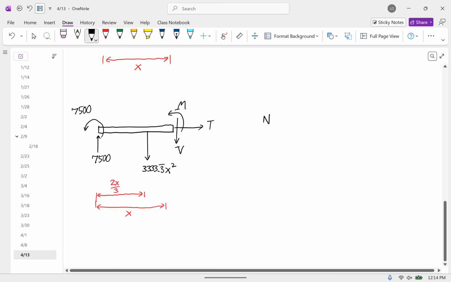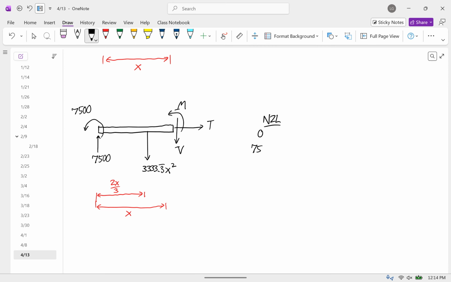So Newton's second law says 0, 7,500 plus 0, negative 3,333.3 repeating x squared plus T negative V is equal to zero.